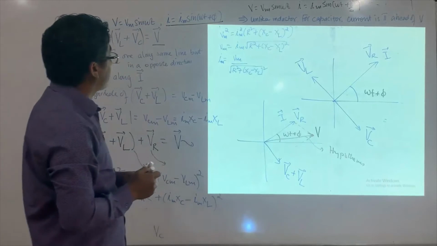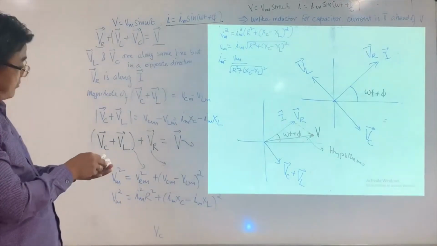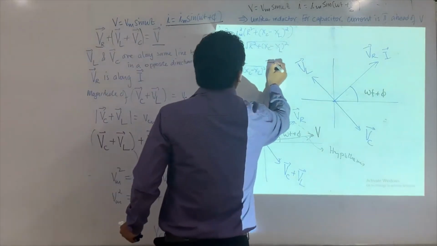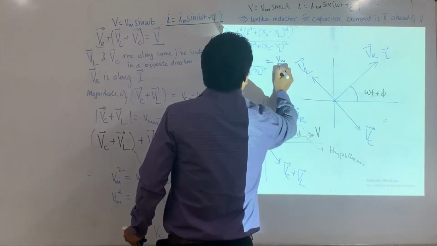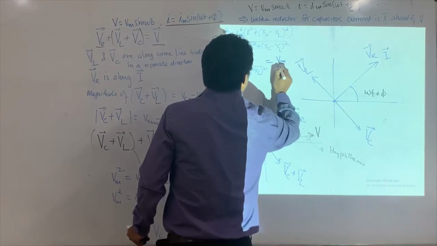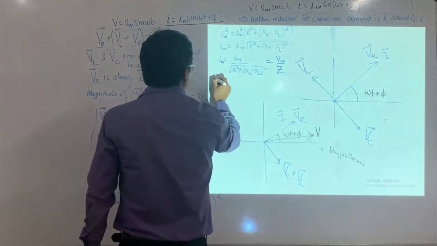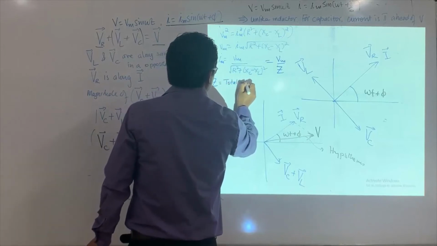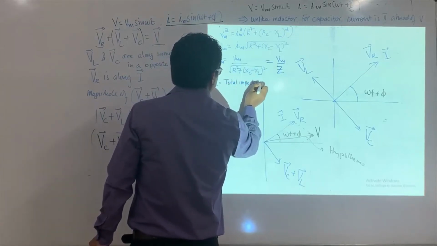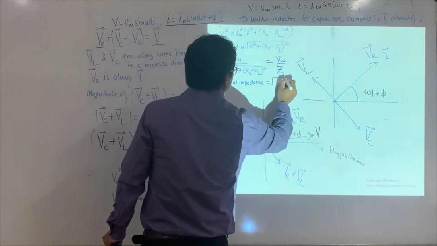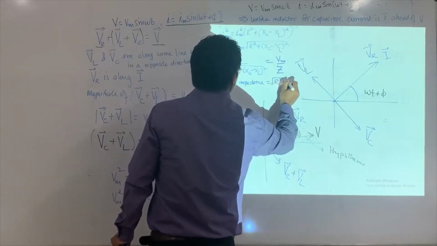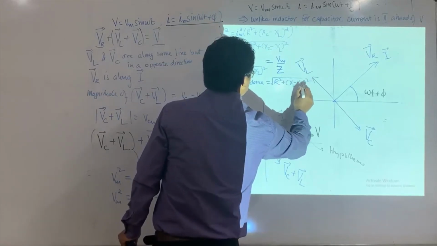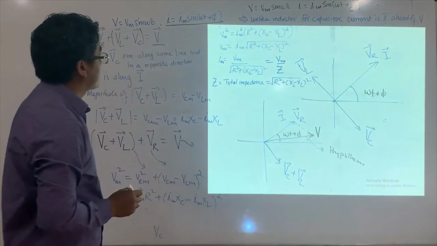This is the point. This is equivalent to Vm divided by Z, where Z is the total impedance, which is equal to the root of R squared plus XC minus XL whole squared.